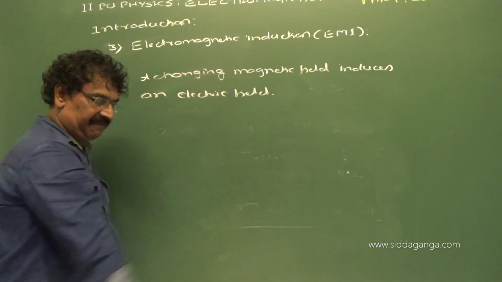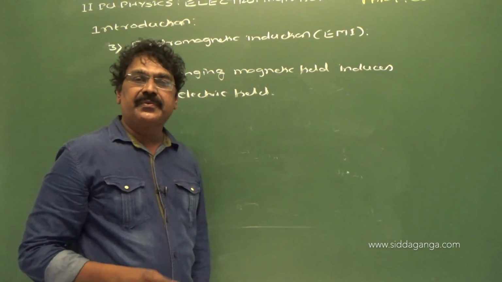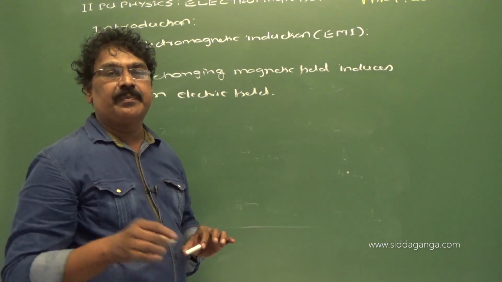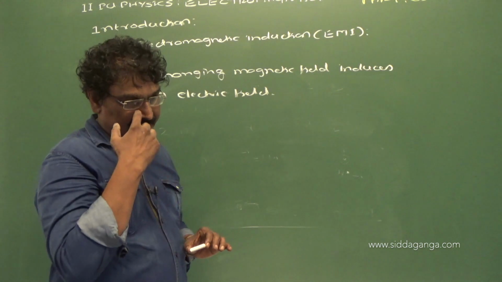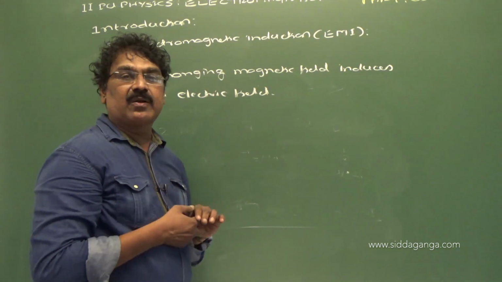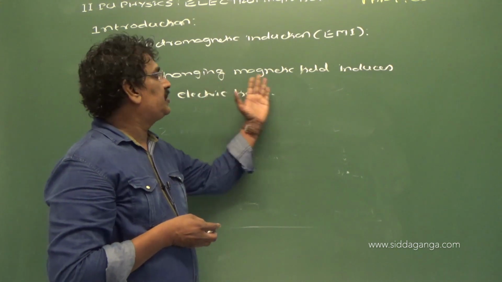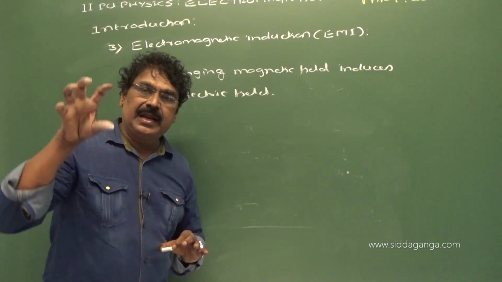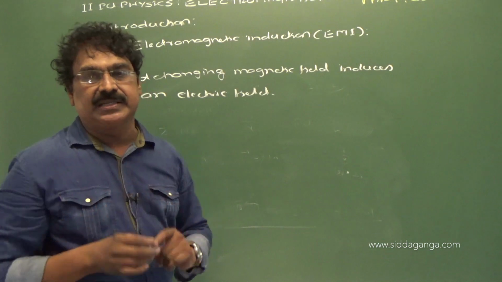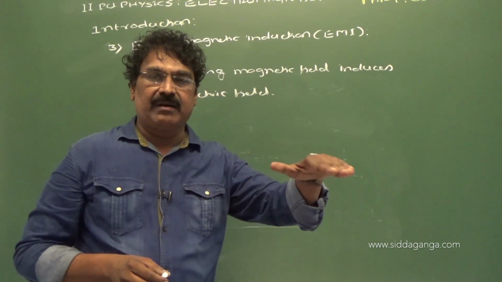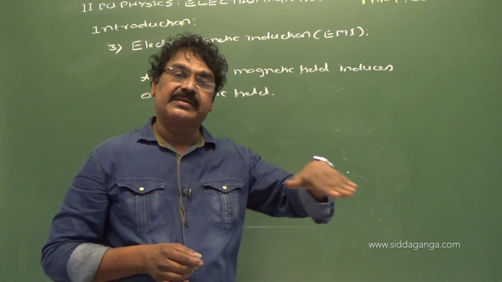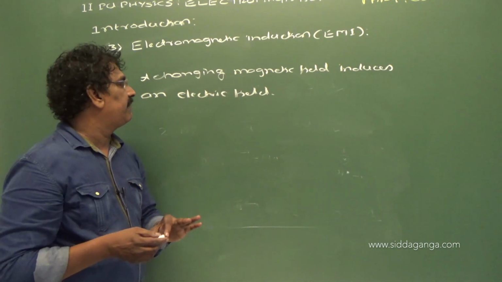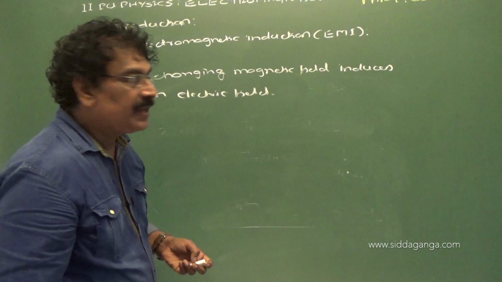So far, we know that a current carrying conductor produces a magnetic field, and according to electromagnetic induction, a changing magnetic field induces or produces an electric field. Now, keeping in mind these three concepts: one, the magnetic effect of electric current; two, Ampere's Circuital law; and three, EMI, a changing magnetic field induces an electric field.